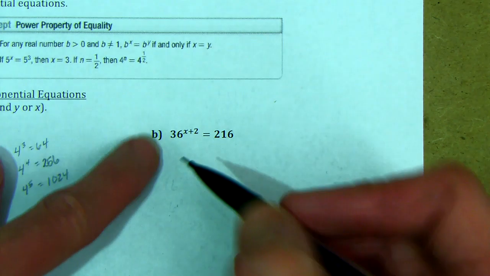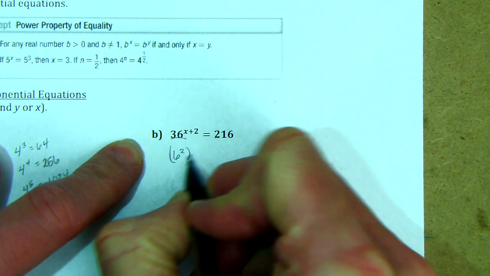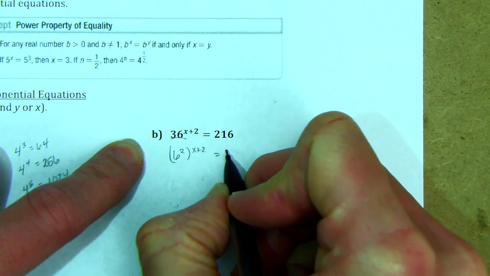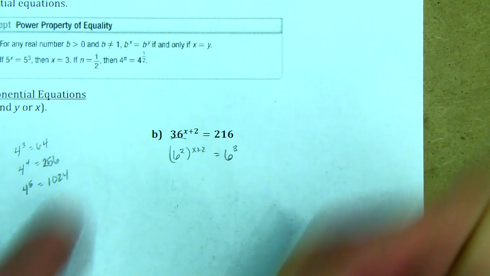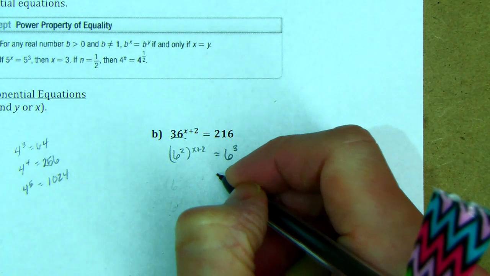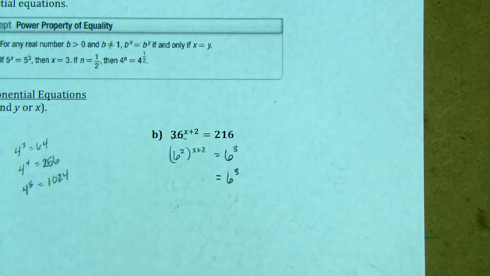So I'm going to rewrite them. Instead of writing 36, I'm going to write 6 squared to the x plus 2 power, and 216 is 6 cubed. Okay, so now I at least have both the same base of 6. So if we look at this, the second one is fine. I'm going to leave that one alone. But that first one, when we raise a power to a power, we multiply exponents.